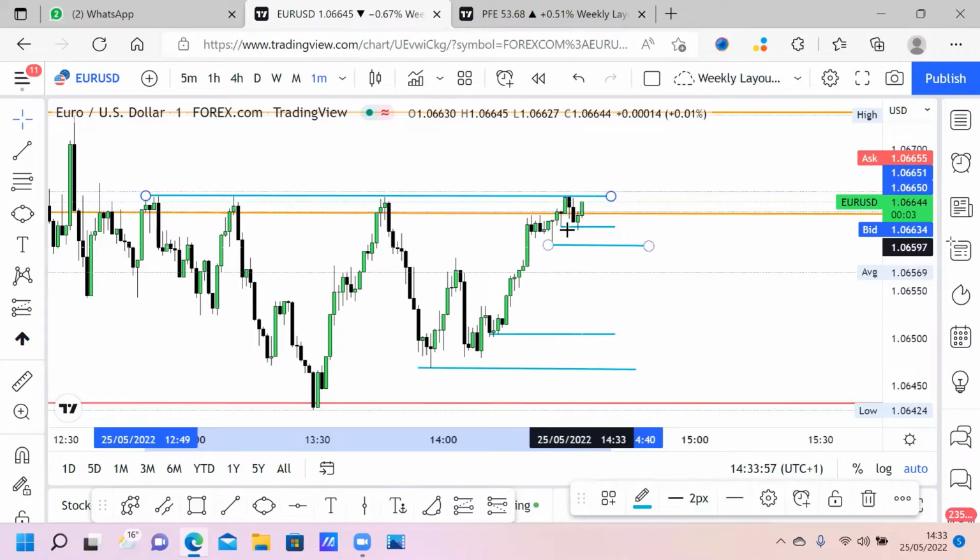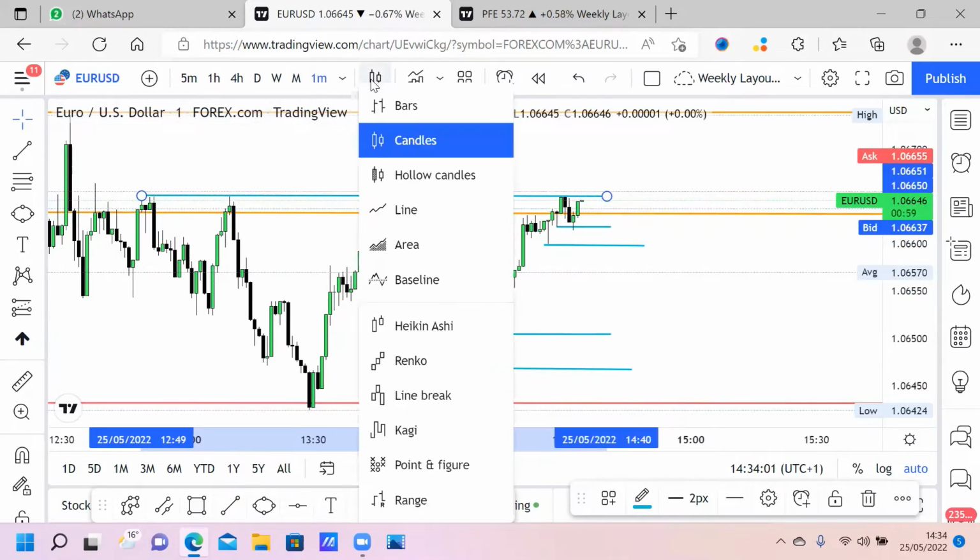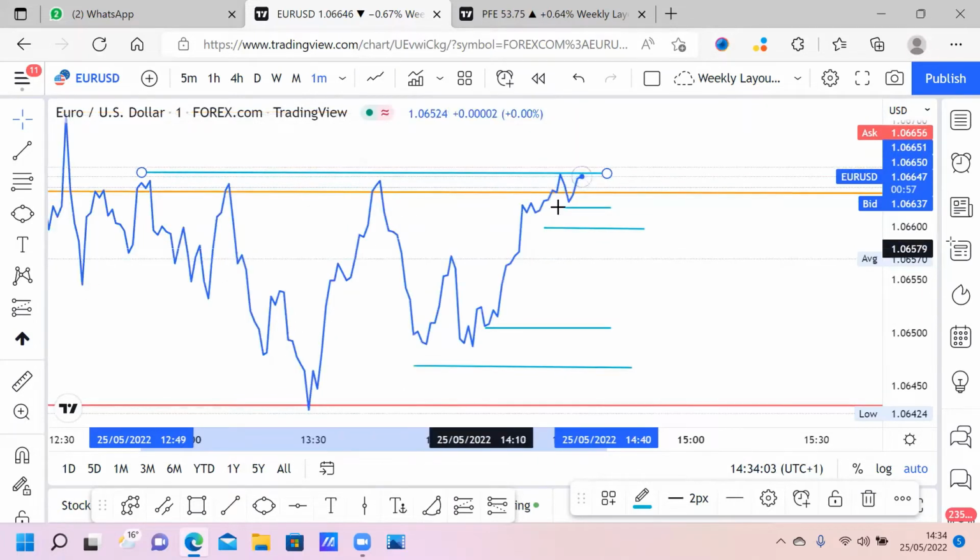As the price starts to unfold, especially on the line chart, it should be dipping very soon. Price is going to attempt to go above it, and we'll see what happens.